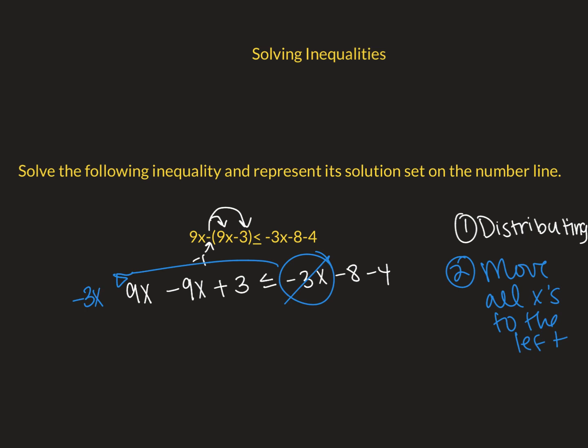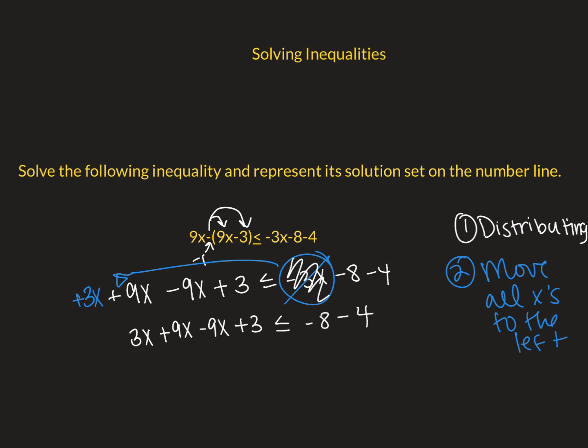But remember, when it crosses over, it becomes positive. This 9x was positive, so I'm just going to put a plus right there. It doesn't exist in here anymore. I'm going to rewrite my inequality now with my new numbers. So 3x plus 9x minus 9x, drop my 3, drop my inequality sign, and my negative 8 and my negative 4.